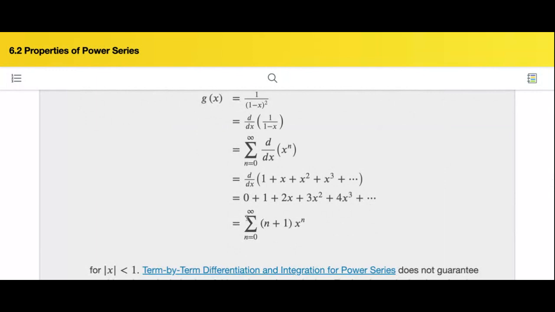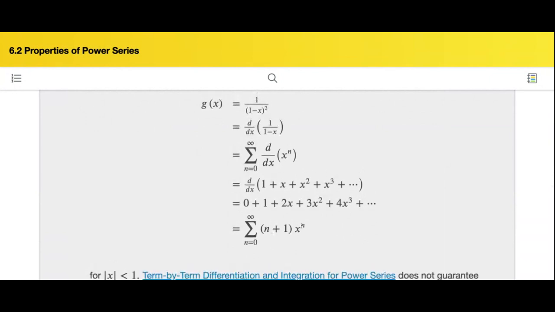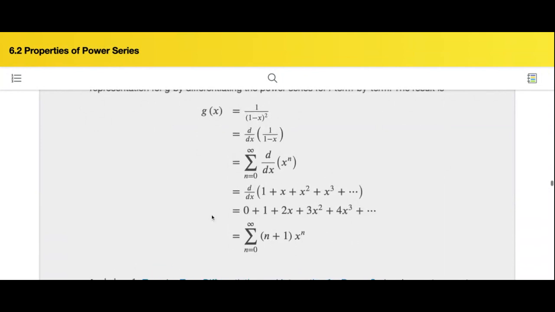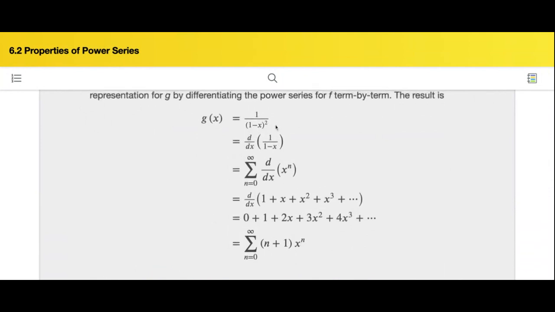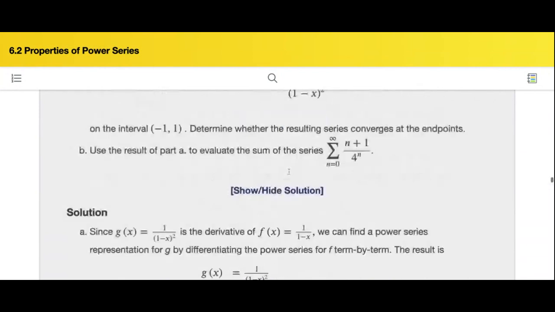So that means we can represent it with an infinite power series starting from n equals 0, because n equals 0 will give us the first one, 1. So that's it. So the sum of n plus 1 times x raised by n is the representation of 1 over (1 minus x) squared.